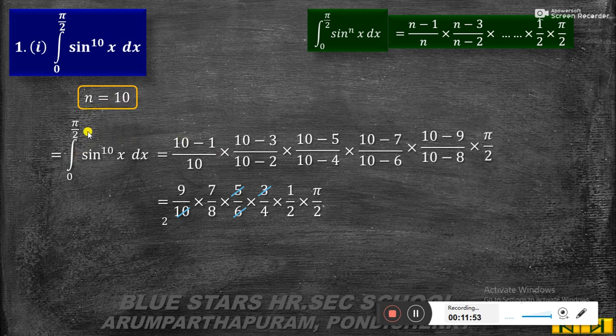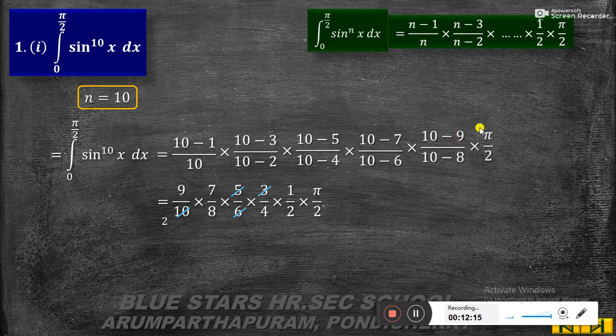So integral 0 to pi by 2 sine power 10x dx. I substitute here n equal to 10. So 10 minus 1 by 10 into 10 minus 3 by 10 minus 2 into 10 minus 5 by 10 minus 4, 10 minus 7 by 10 minus 6, 10 minus 9 by 10 minus 8.